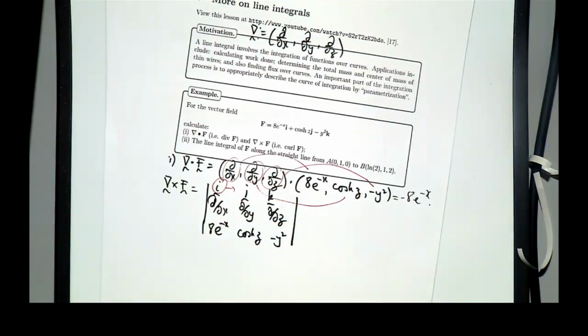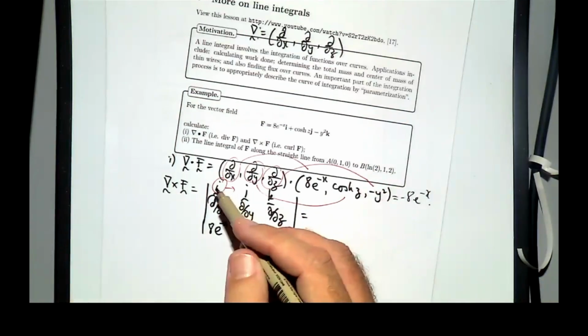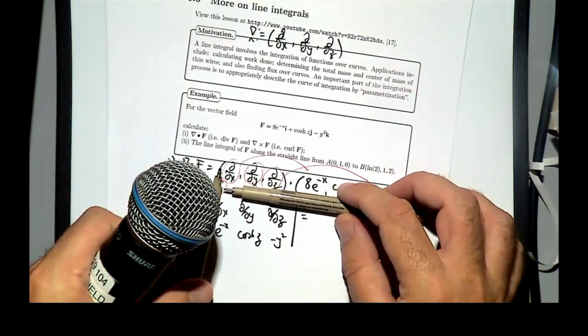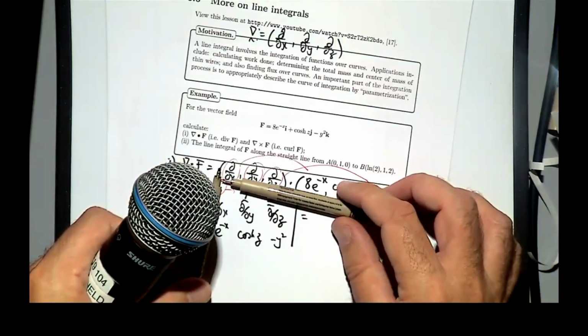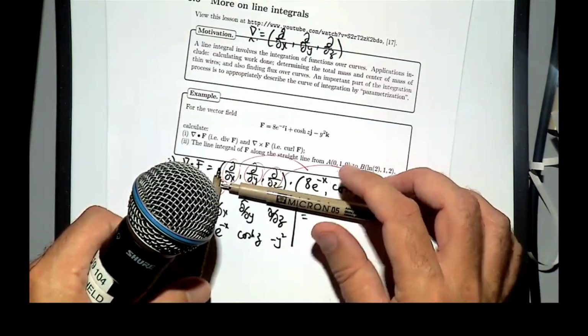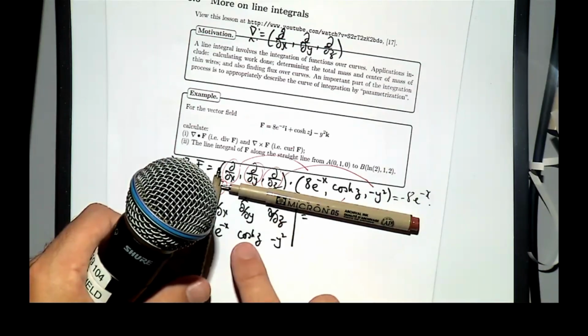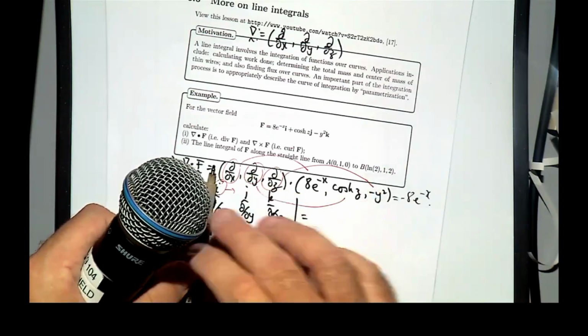So i, j, k, and then I just play a game of cover up. So what are we going to get? For i, it's i times the determinant of what's left. So when I differentiate, I'm going to get negative 2y minus sinh z.